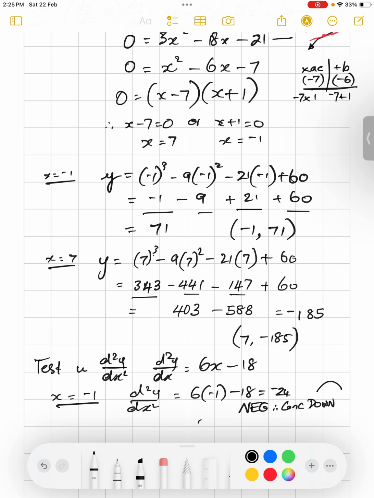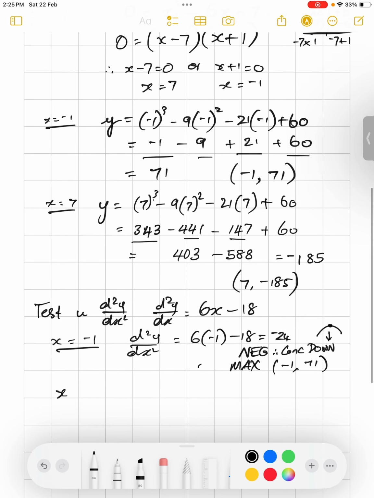Put x as positive 7 in the second derivative. d2y/dx squared is 6 times 7, 42. Take away 18 is 24.